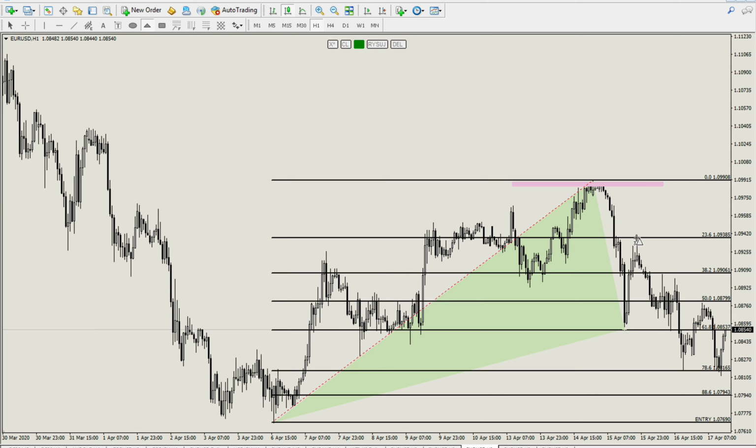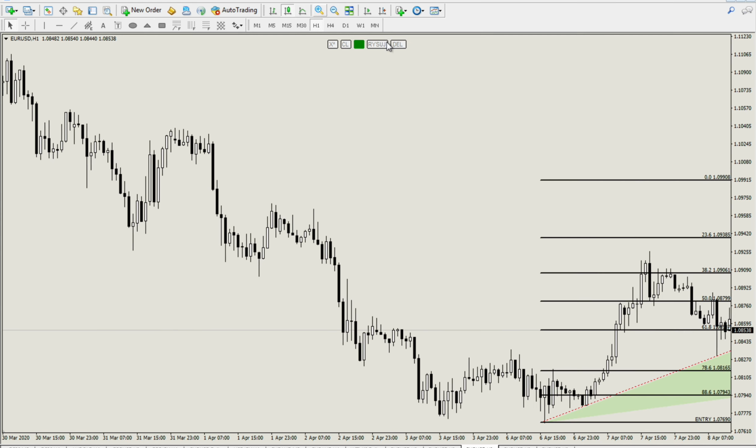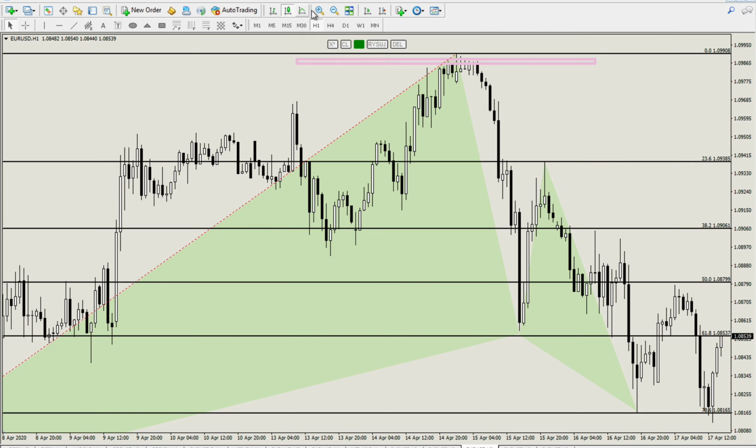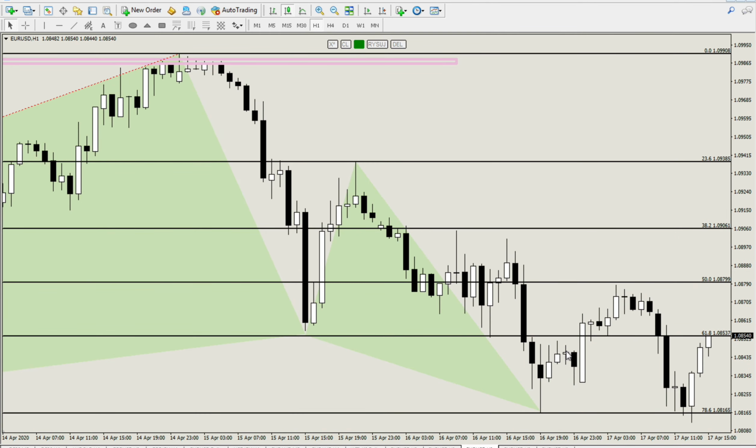So Gartley is dropped to 61.8 and then 78.6. And what happened? Look at the precision. This is the precision of the market. Comes to 61.8, comes exactly to 23.6, back to 78.6.